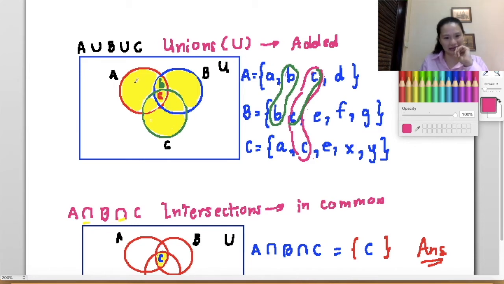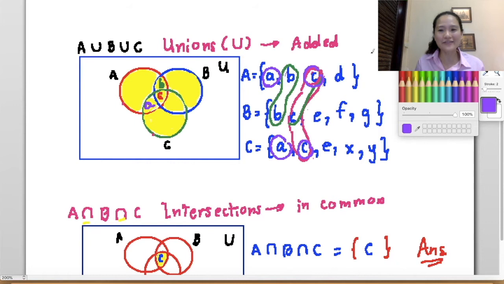Set A intersect C. I use a different color, how about purple? I know that they have C here in common. And A and C, they have A here. So I write out A here.